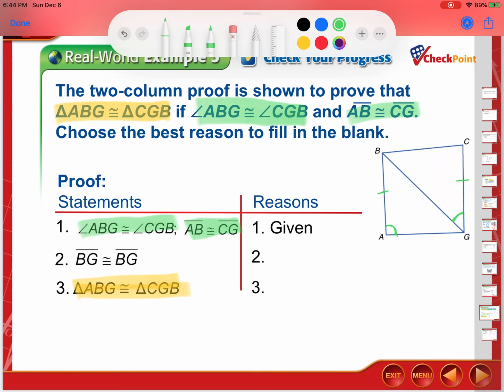And AB is congruent to CG. So this line and this line. Okay. Did I label that right? ABG. No, I didn't. I labeled that wrong. Okay. Erase that. So it should have been this angle.